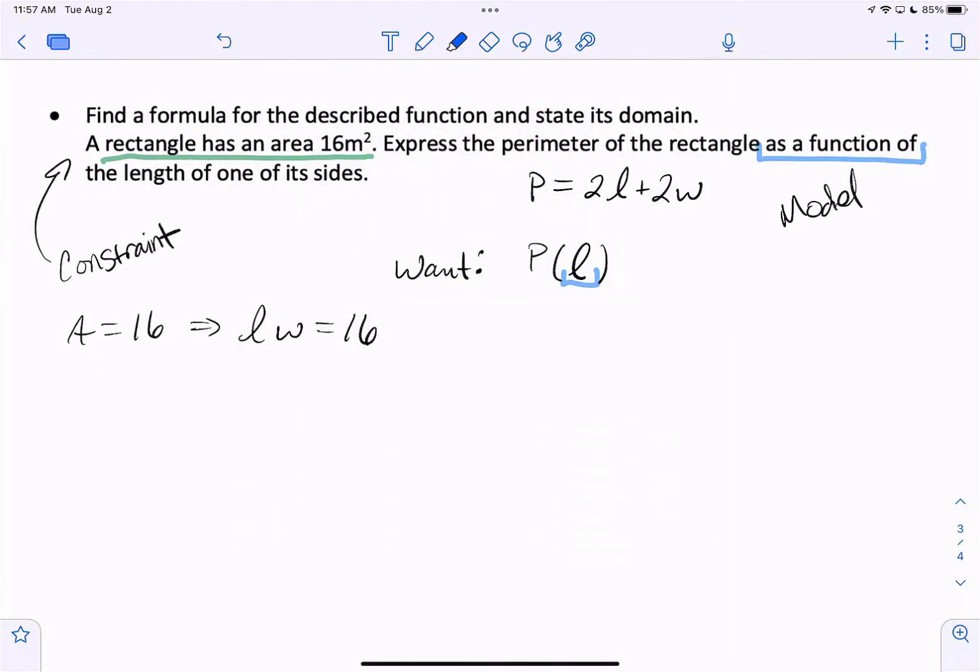Now remember, I wanted to express the perimeter of the rectangle as a function of the length of one of its sides, and so I want to solve for W so that I can get rid of W in the expression for perimeter.